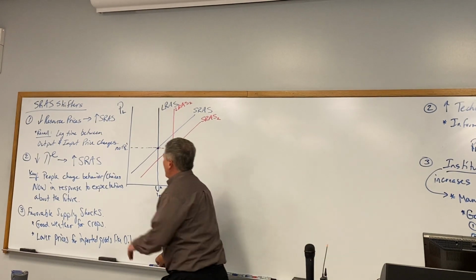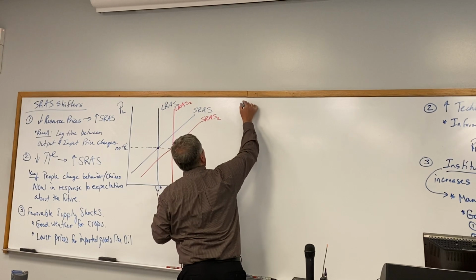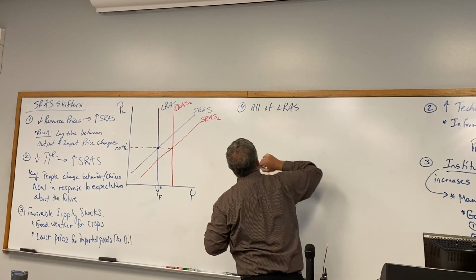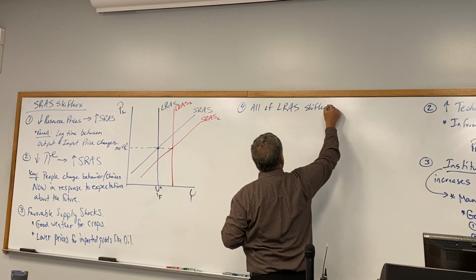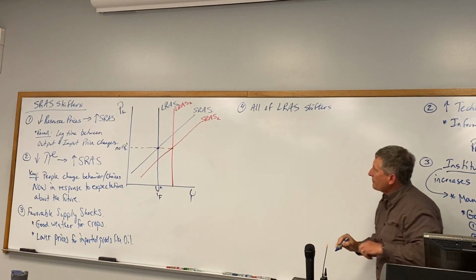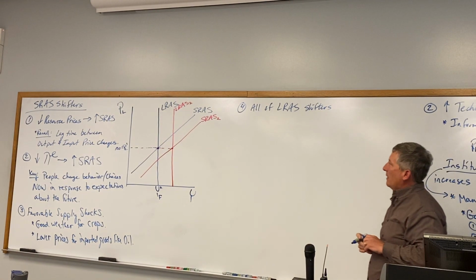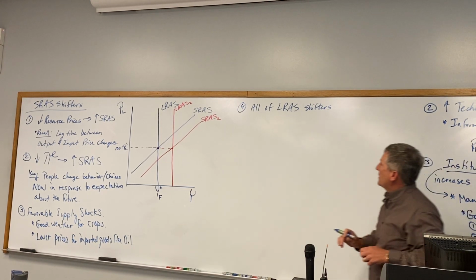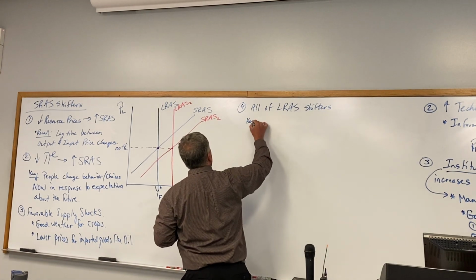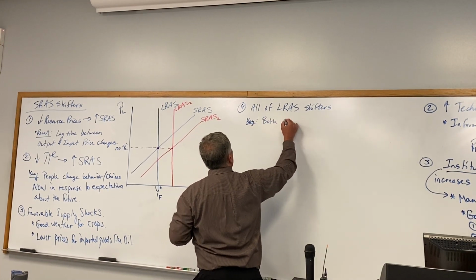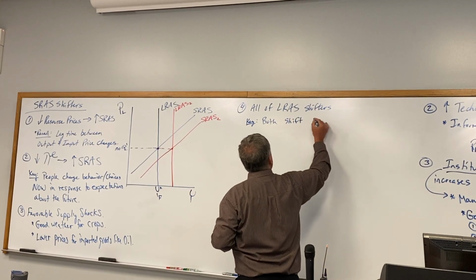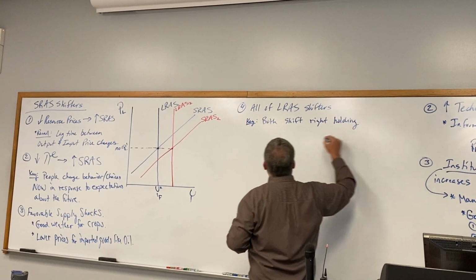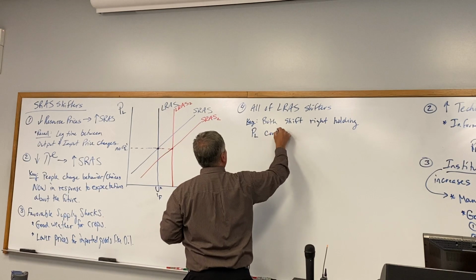Let's add on number 4 on our shifter list here. Number 4, all of the long run aggregate supply shifters. So we have those 3 things that we listed here are also going to do that. And so the key point here is when this happens, both shift to the right, holding the price level constant.